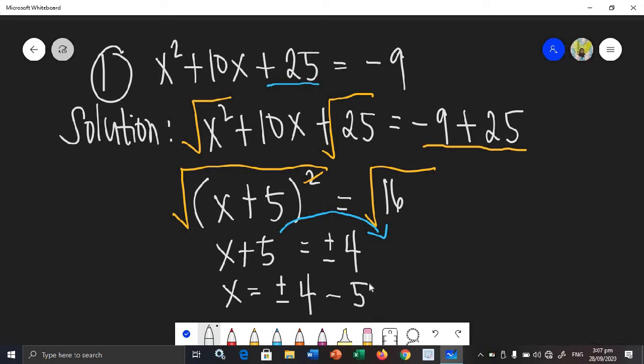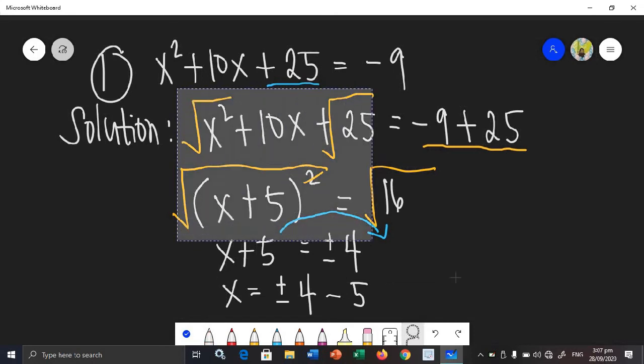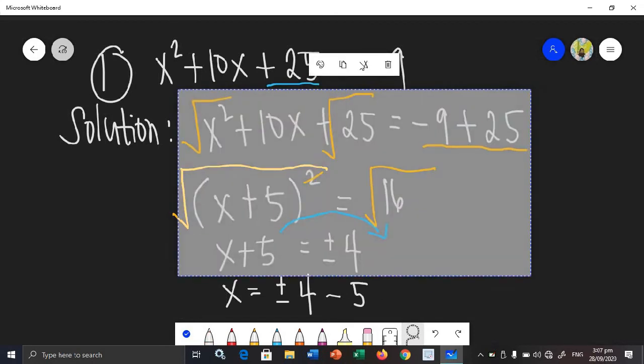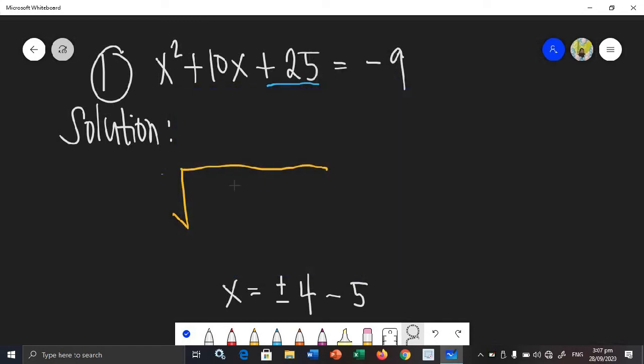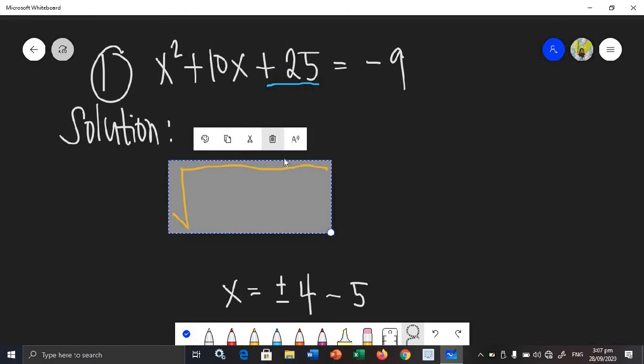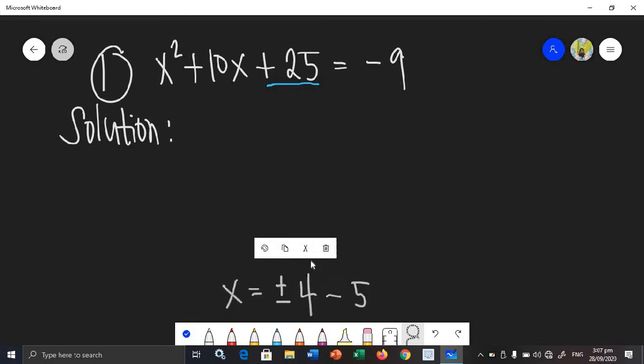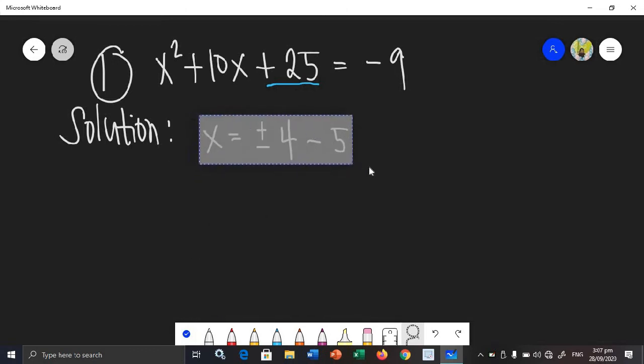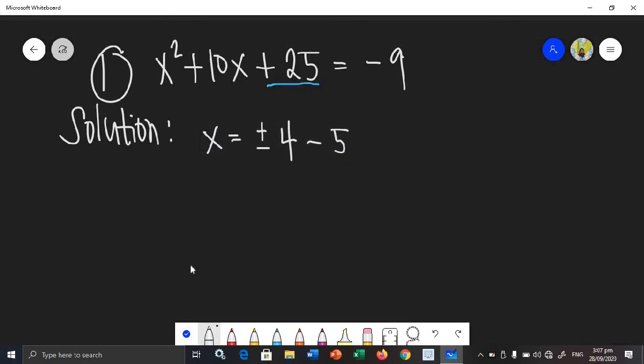Okay na, i-erase ko to. Nasa taas, medyo mahaba kasi yung solution natin. Using this, ito na lang natira sa atin sa solution natin. Using this, gagawa tayo ng dalawang sagot.